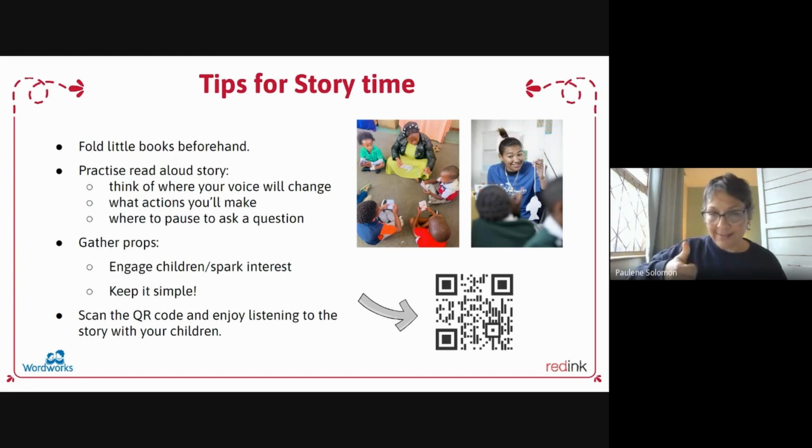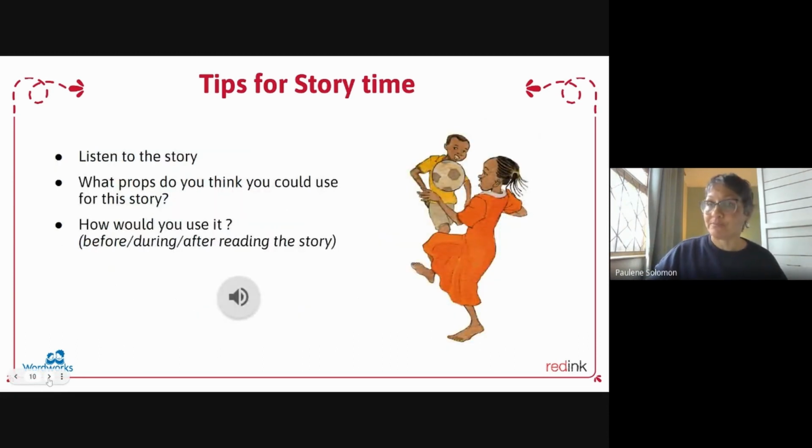You scan that, and that gives you a tip about that activity. For our purposes, we are highlighting that some stories have a little scan code, which means you can give your voice a break now and again and actually let the children listen to someone else read that story to them. It's the same story in the kit, but it's a lovely switch to hear someone else. So that's what we're actually going to do now.